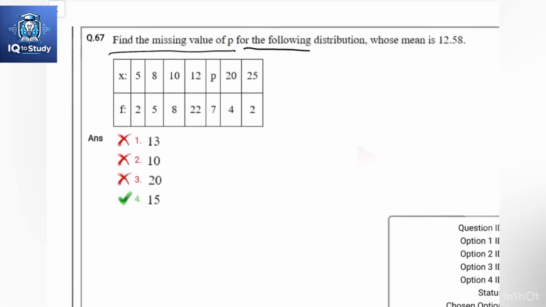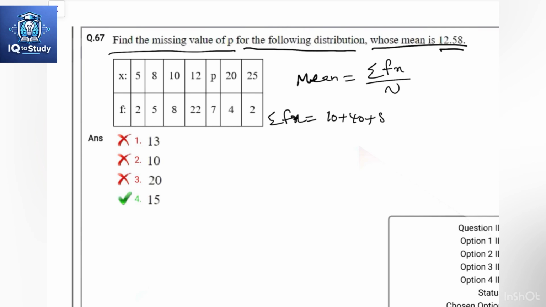Find the missing value of p for the following distribution whose mean is 12.58. We know that by the direct formula, mean is equal to sigma fx by n. Here sigma fx is equal to 10 plus 40 plus 80 plus 264 plus 7p plus 80 plus 50.